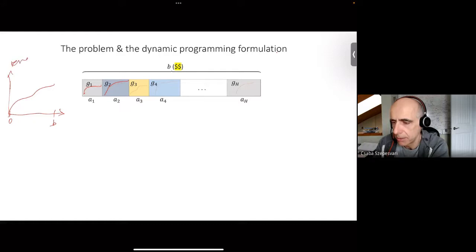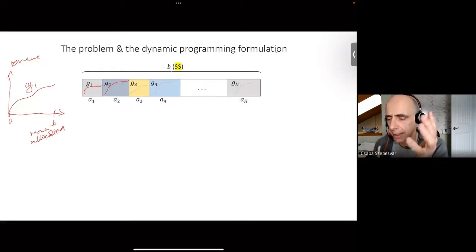So this is your revenue. This is the money allocated. The more you allocate, the better you are. So this function is increasing. And for the i-th project, this is how the function looks. Maybe it could be a simpler function as well, but some function that is given to you.